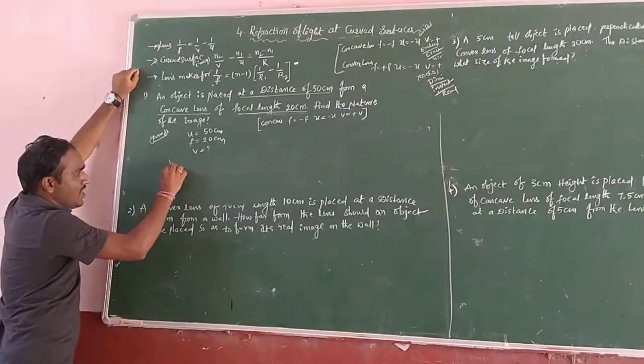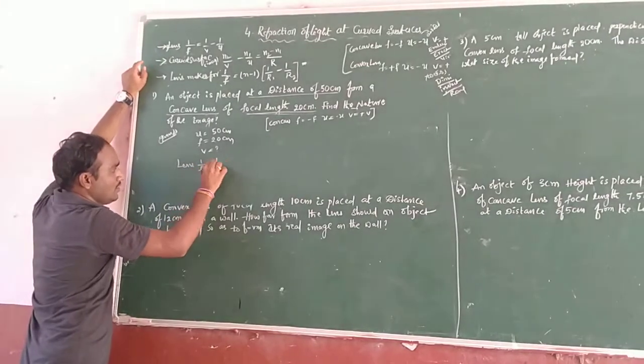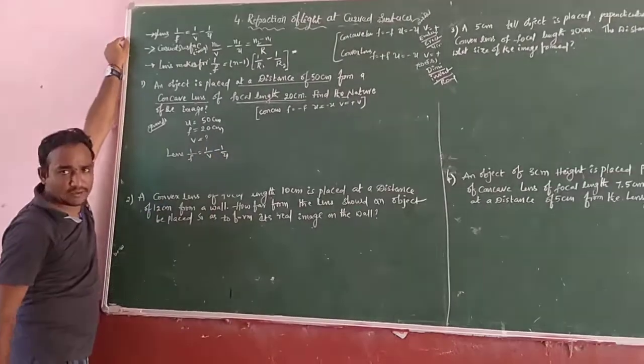We know the lens formula: 1/f = 1/v - 1/u.